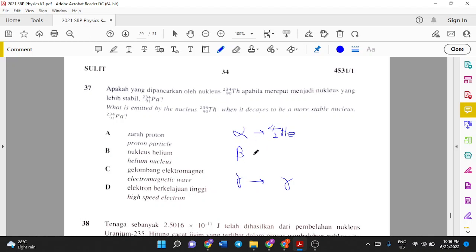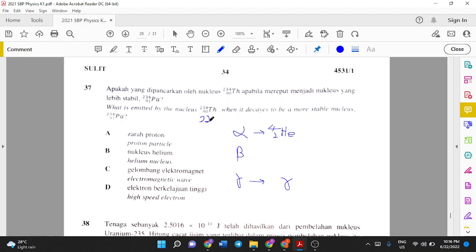All right, because the proton number of alpha is 2, it releases 2, which means if the thorium is undergoing alpha decay, the 90 will be reduced by 2 because it releases 2 protons, and the nucleon number will be reduced by 4 because it releases 4 nucleons.